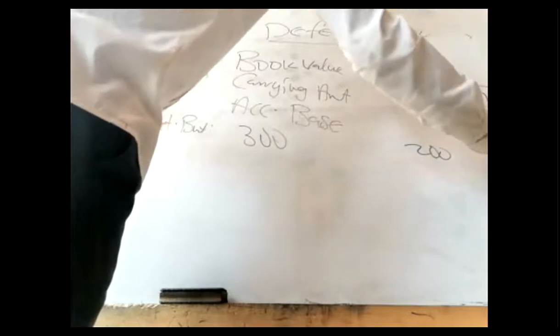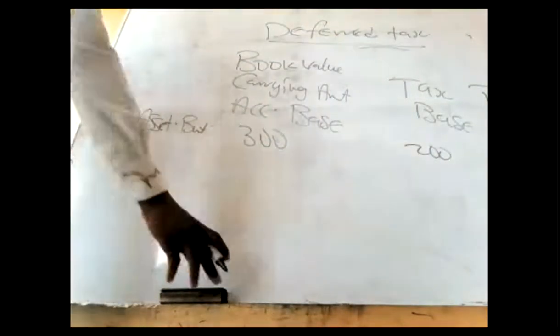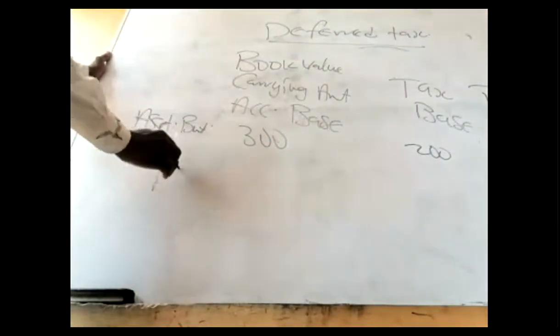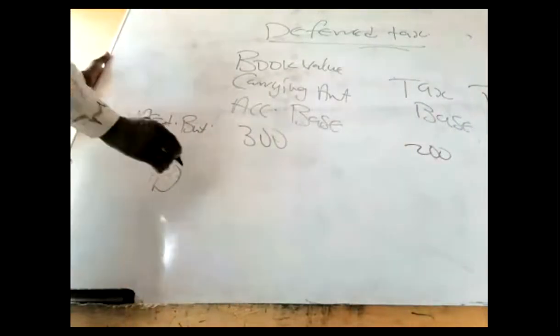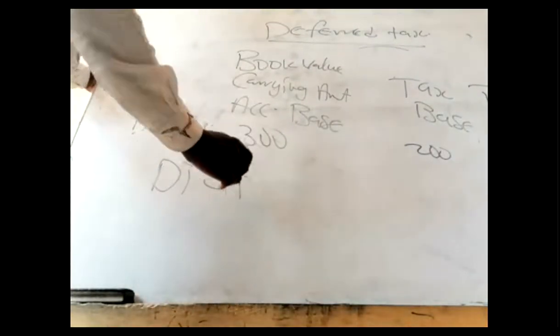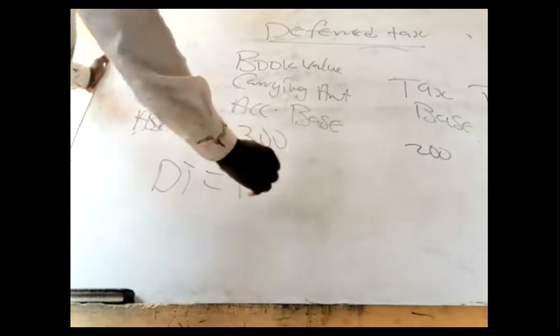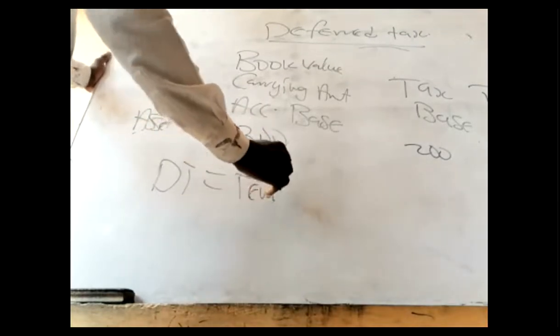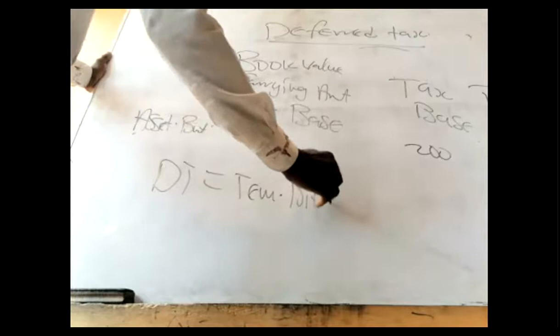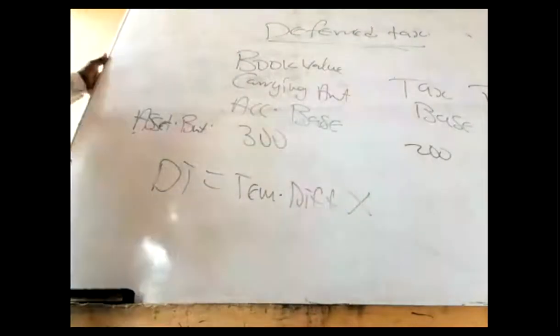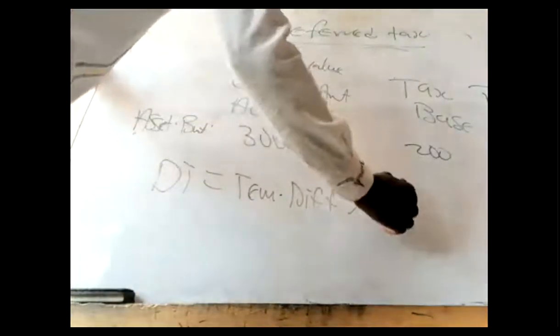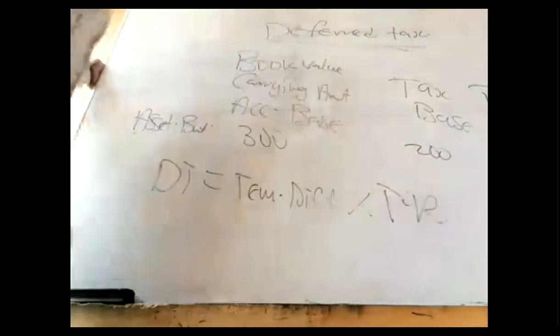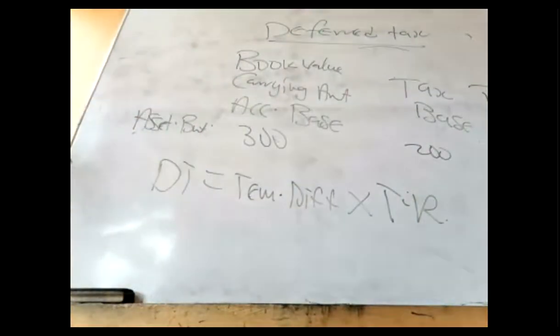Now to get the deferred tax: deferred tax is equal to the temporary difference times the current tax rate, or the tax rate subsequently enacted.